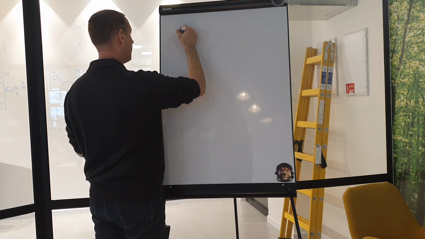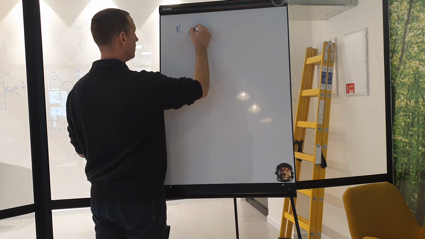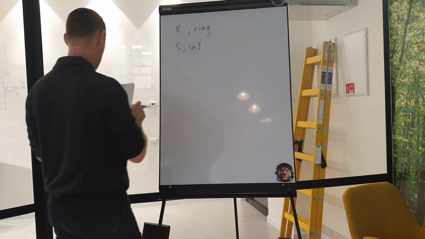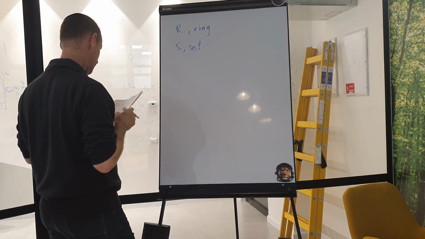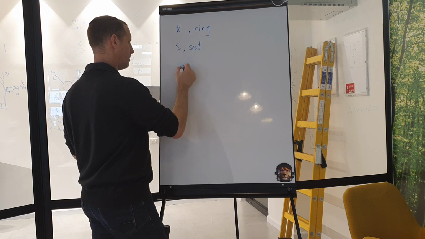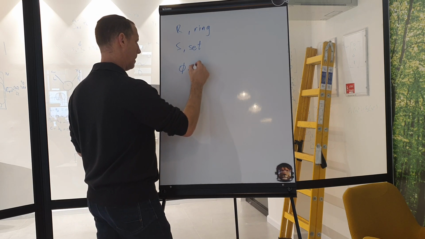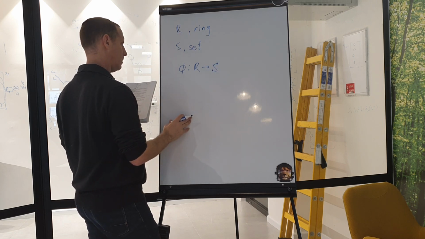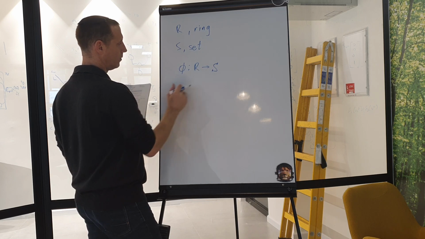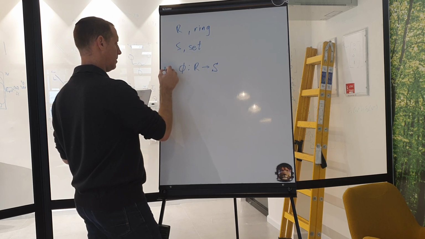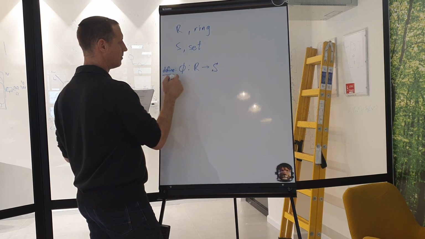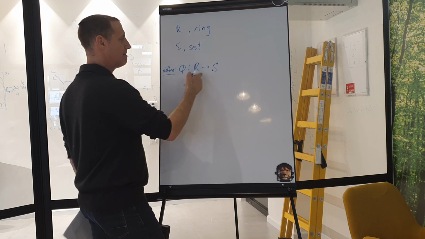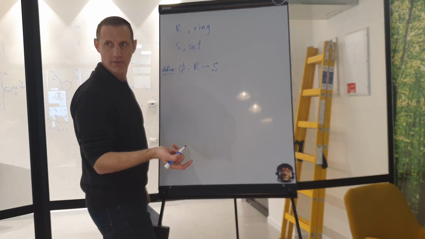So if we have R, say, a ring, okay, and S is now just a set, and we've got, say, a bijective map from R to S, okay? Or we define a bijective map from R to S, and we make sure that that map is homomorphic, right?